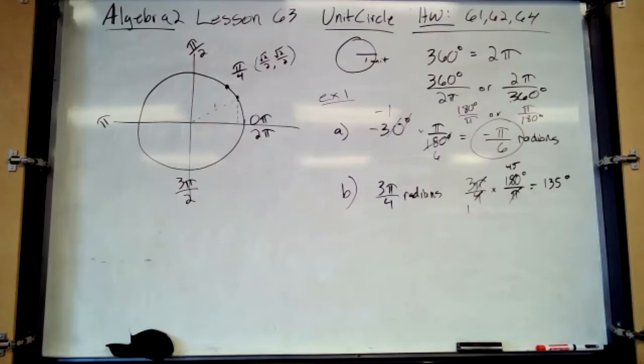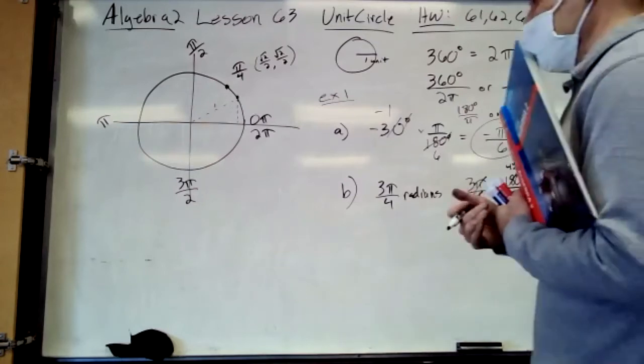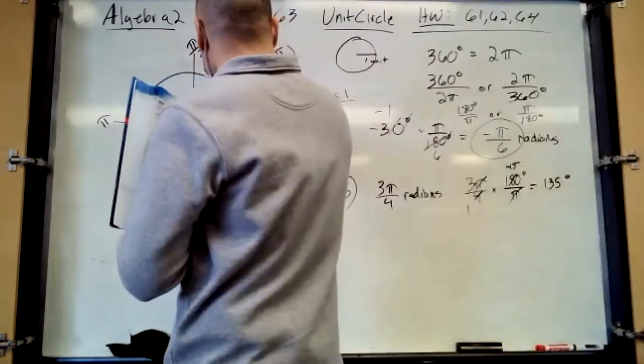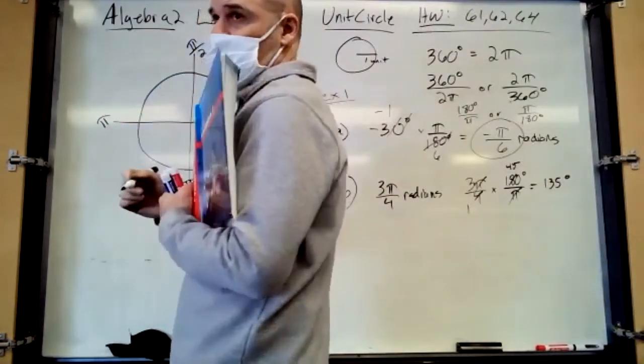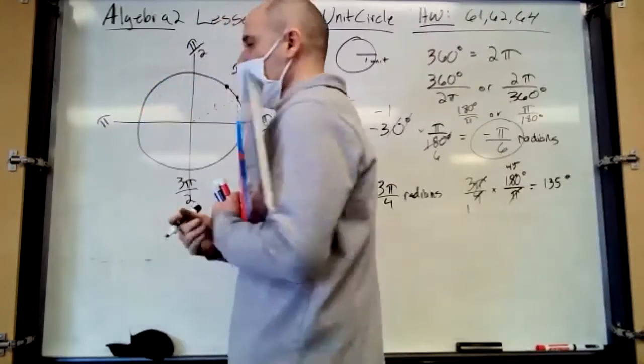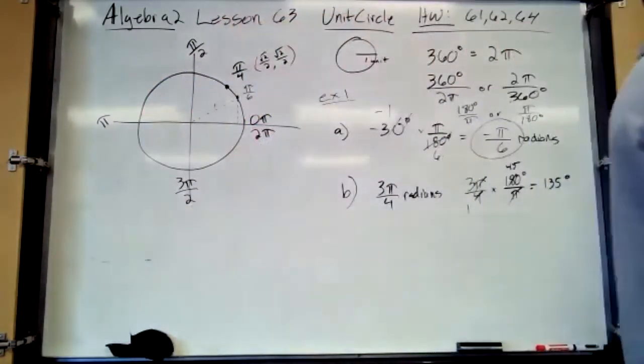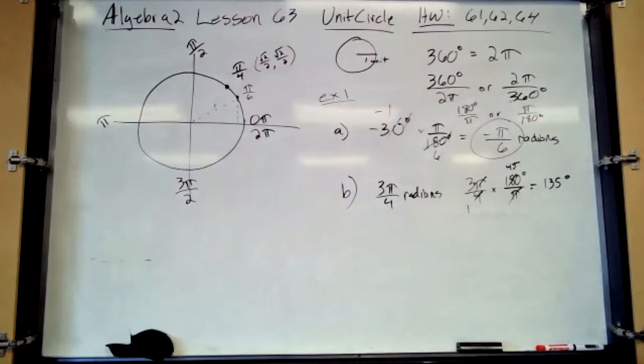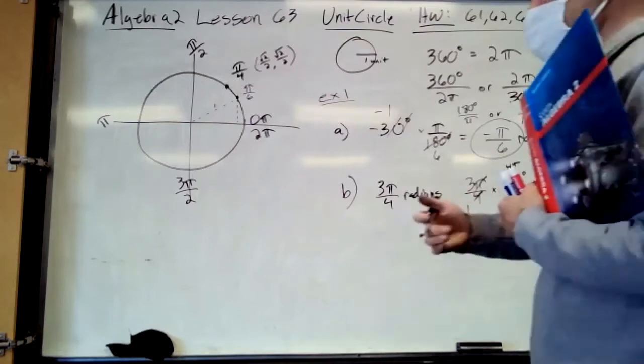Reduce that. 30 divided by 180, or 3 over 18, is 1/6, and you just need the pi there. So this is pi over 6, okay?